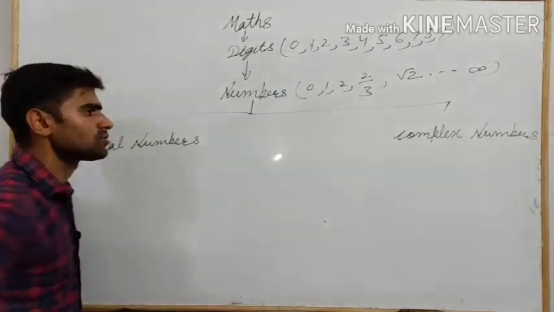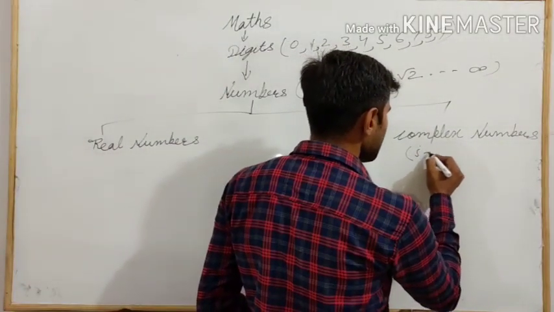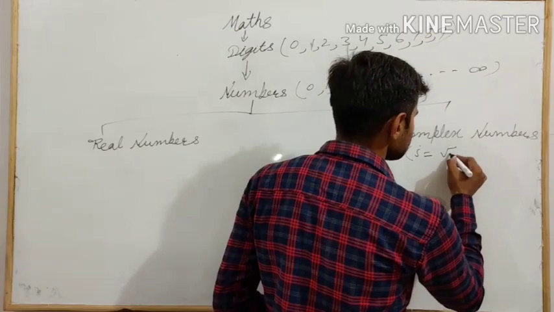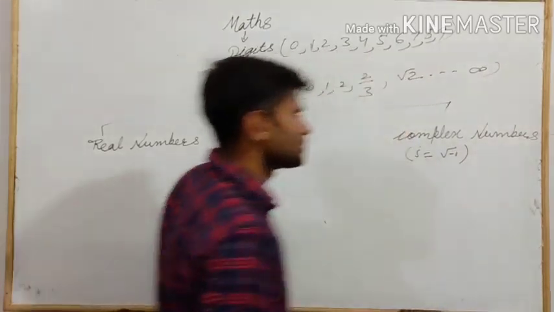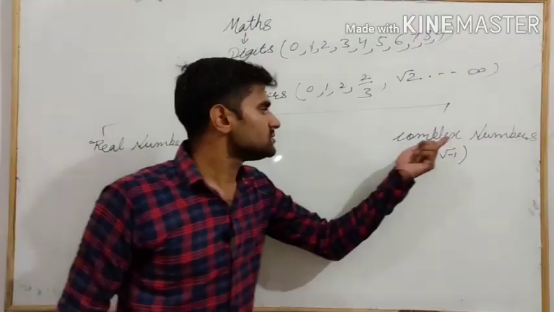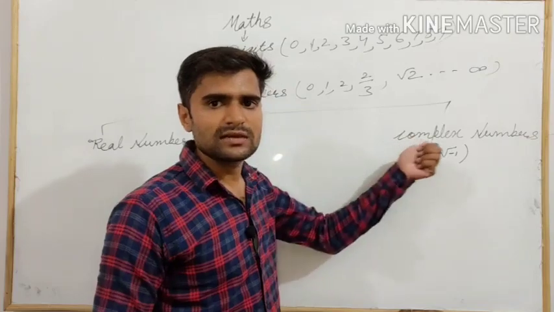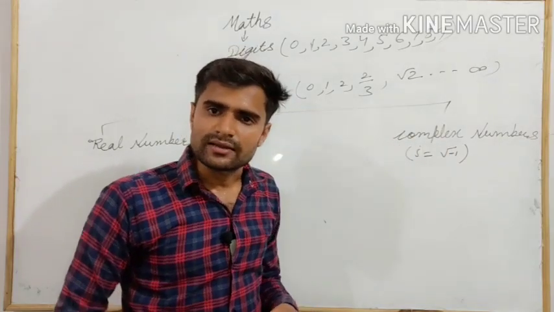Complex numbers are in the form of iota, whose value is minus under root 1. These numbers are not in our syllabus. These numbers are syllabus in 11th and 12th class.